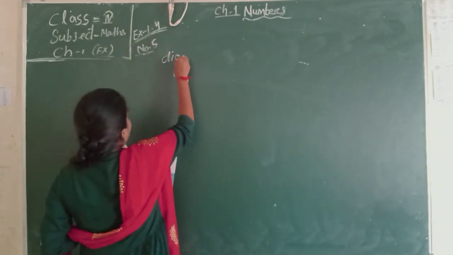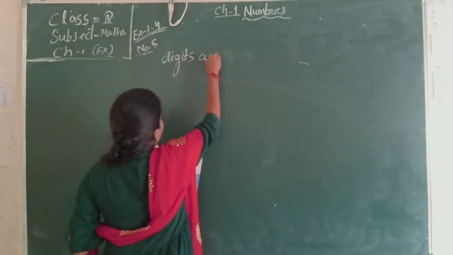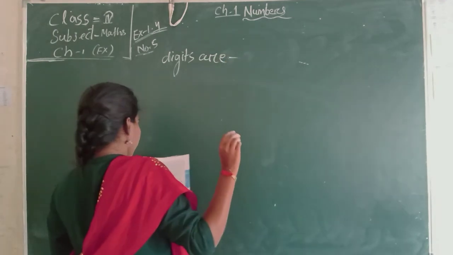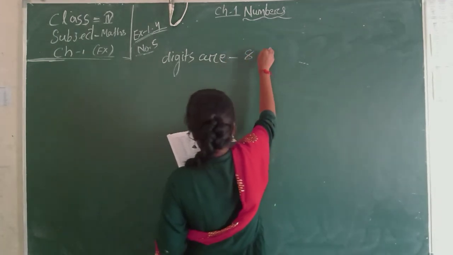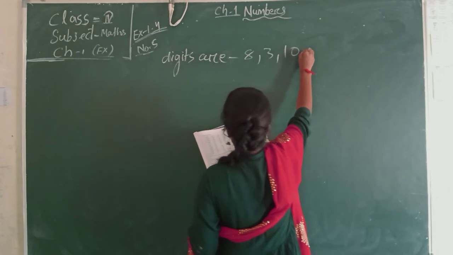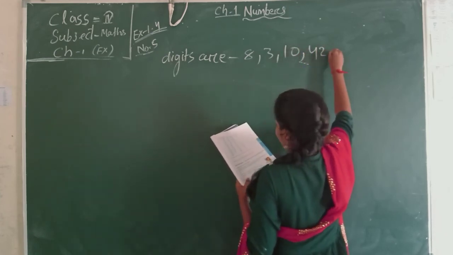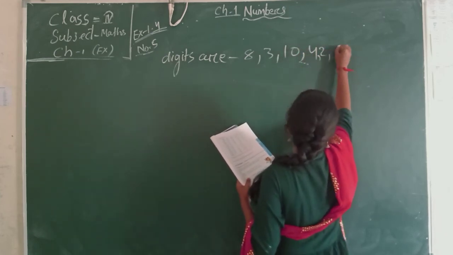Digits are here. What? 8, 3, 1, 0, 4, 2 and 9.